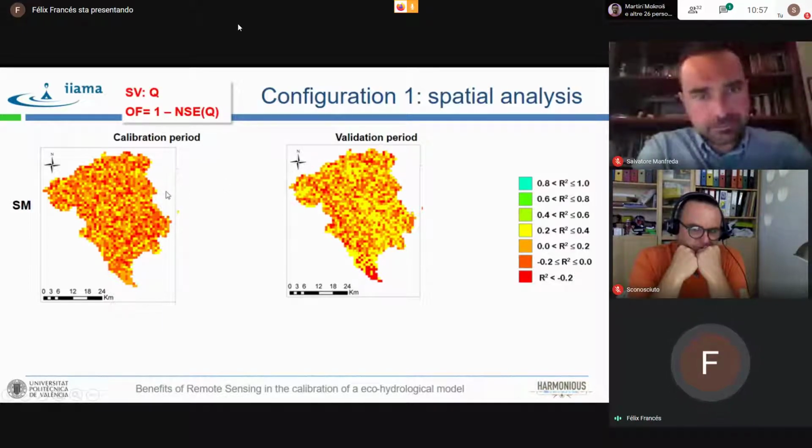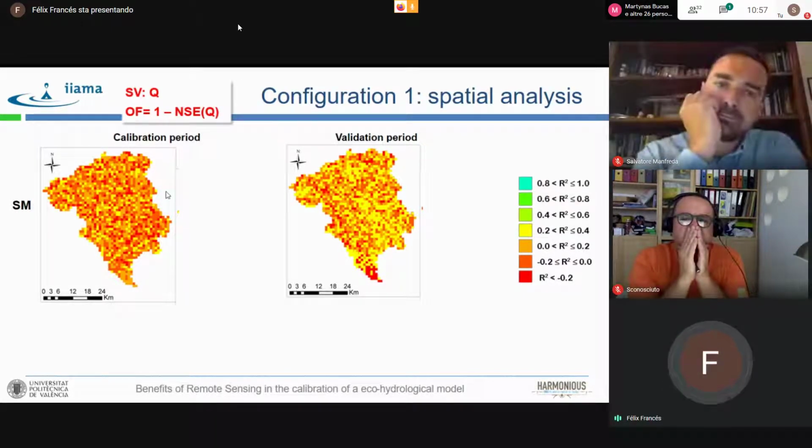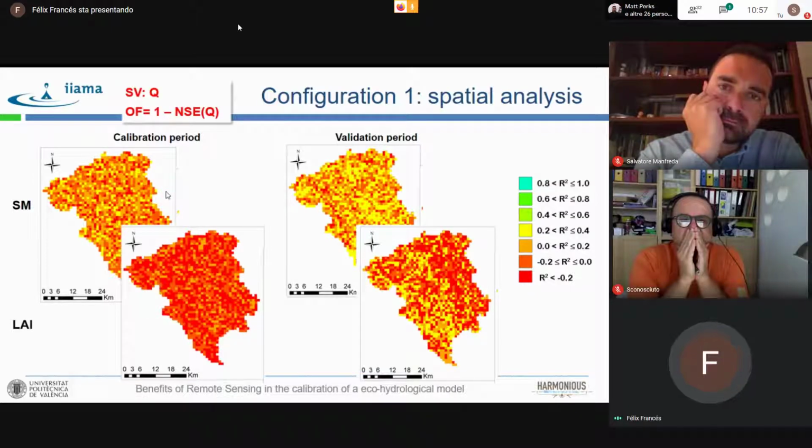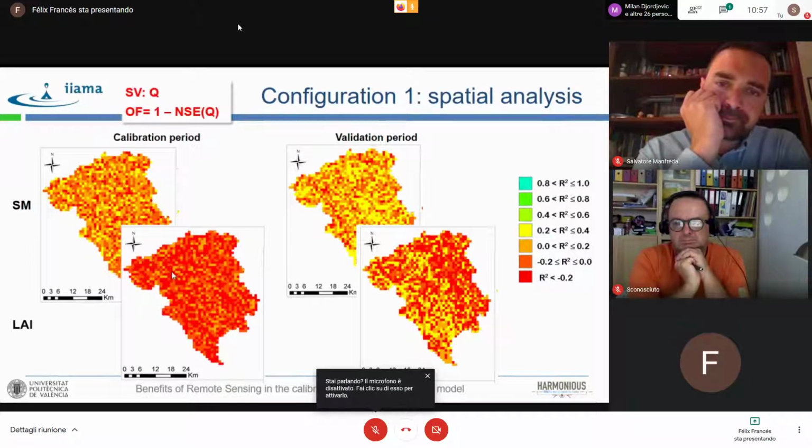It's like a random simulation in space. The areal mean is okay, but the distribution in space is almost random. And the same if we compare with the leaf area index. Of course, it's worse because the leaf area index is further away from the information provided by the discharge at the outlet.